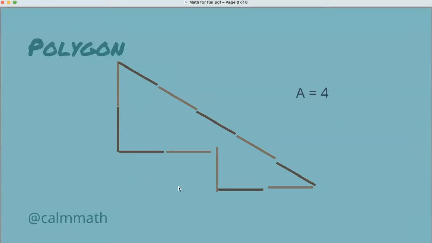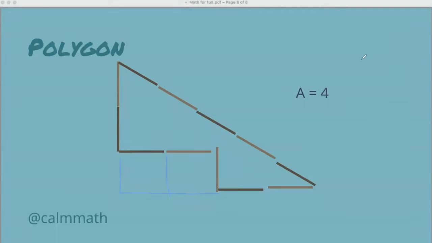So if you moved two of the bottom sticks up and the side stick over, we're cutting off 2 square inches over here. So this polygon is like the 3, 4, 5 triangle with 2 square inches cut off, so the area is 4. What do you think about that? Of course, my sticks are not drawn to scale.